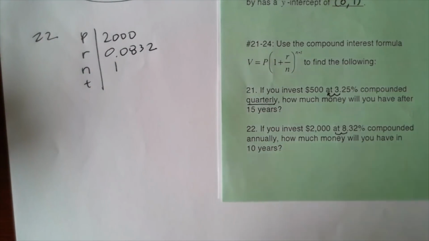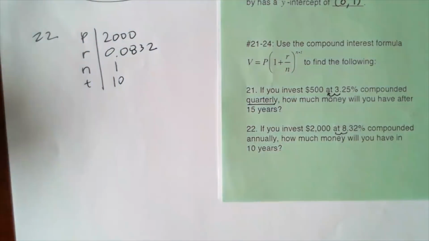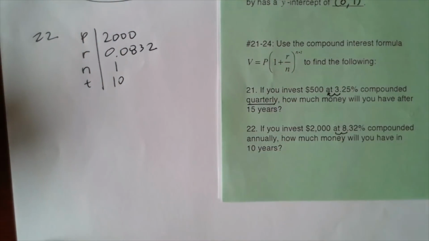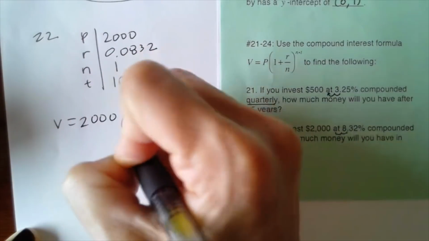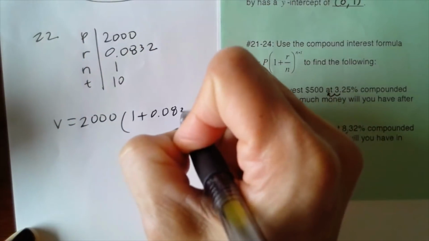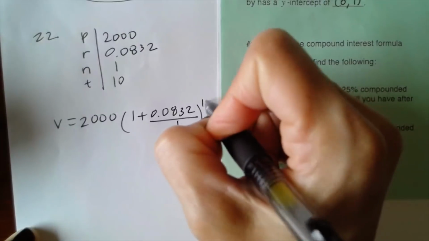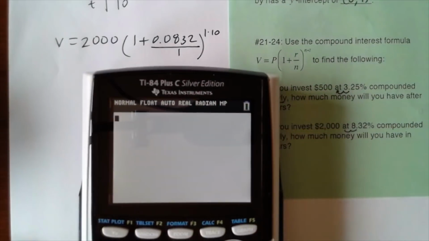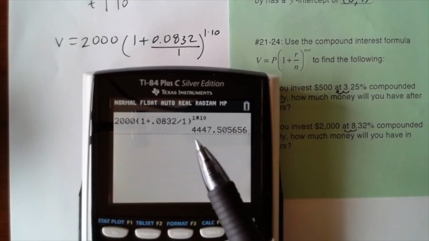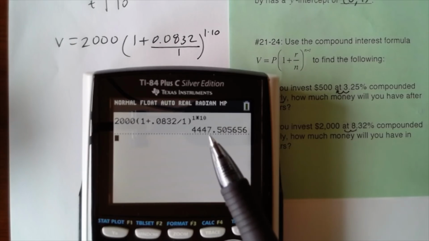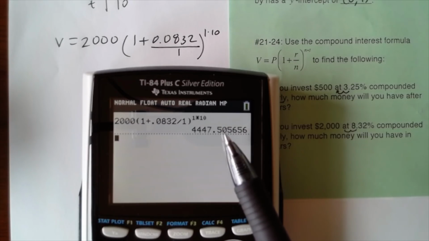So there's your t, and we'll plug everything in. So $4,447.51.